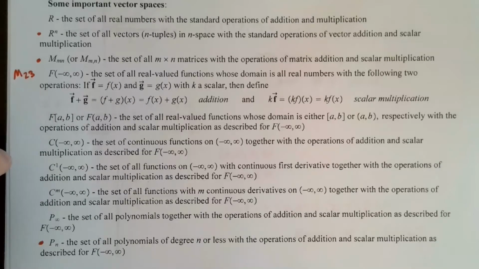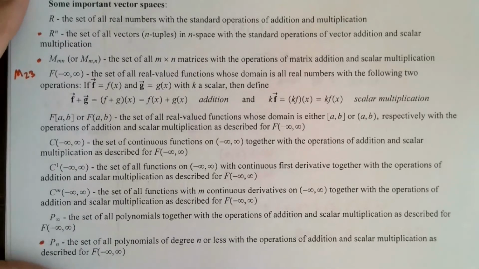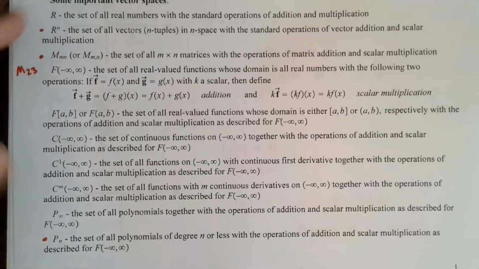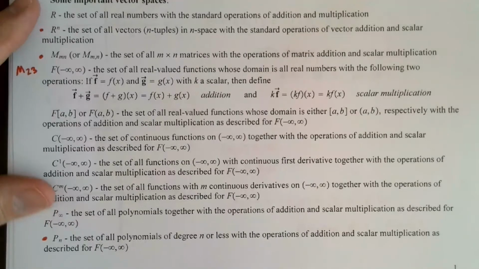That set forms a vector space with the standard operations of matrix addition and scalar multiplication. Then I'll just jump all the way down. The next several sets describe sets that contain objects that are functions. Real valued functions, like the function f of x equals x squared, for instance.